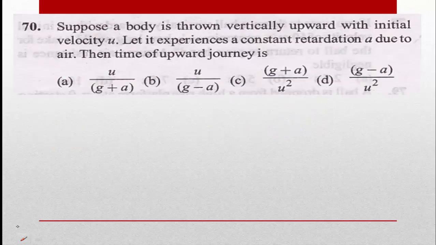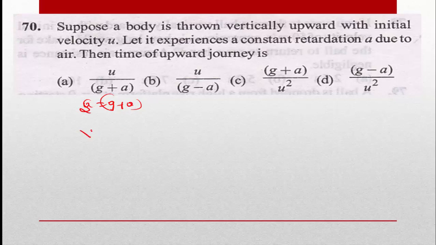And then question number 70. Suppose a body is thrown vertically upward with the initial velocity u. Let it experience a constant retardation a due to air, then the time of upward journey is. Here during the journey the retardation is a equal to g plus a.